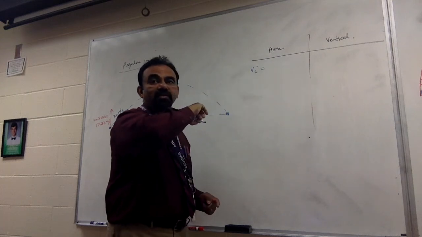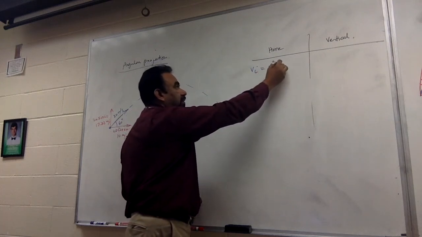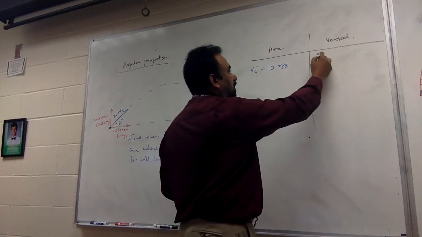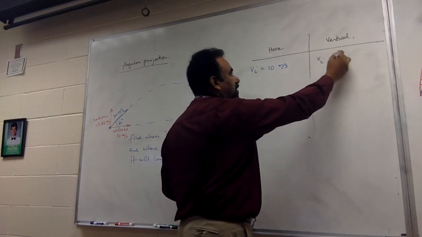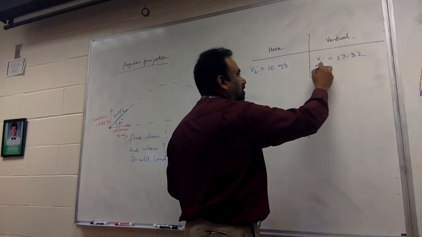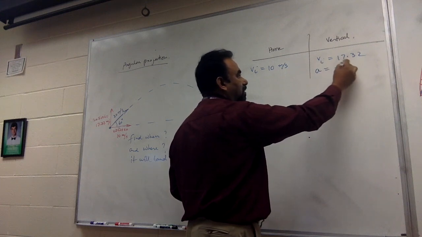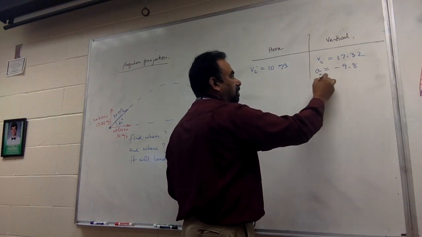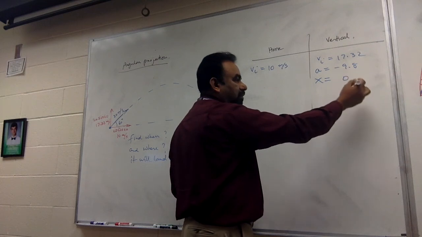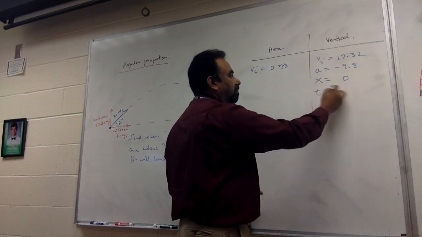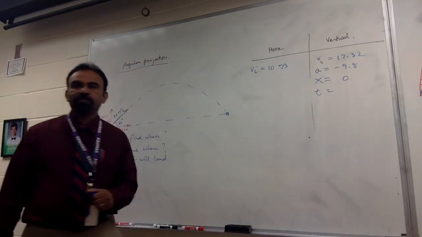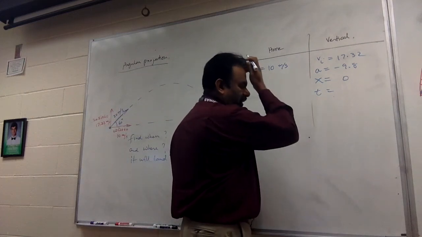Initial velocity horizontal is 10. Initial velocity vertical is? Acceleration vertical is? Or is it displacement? And then find the time.